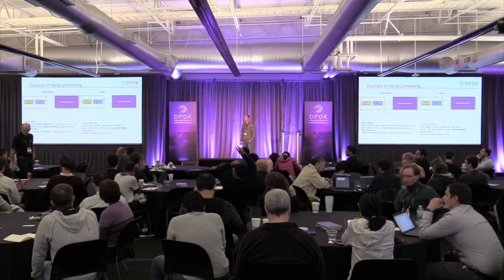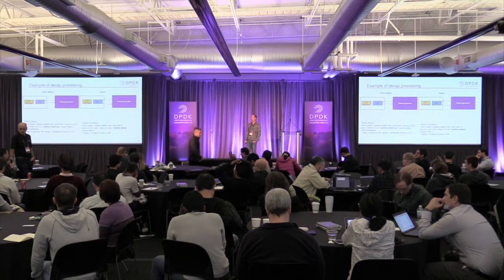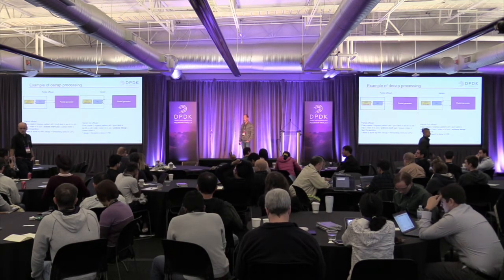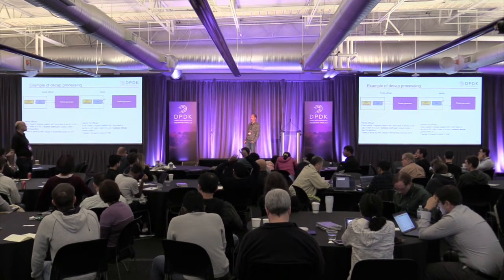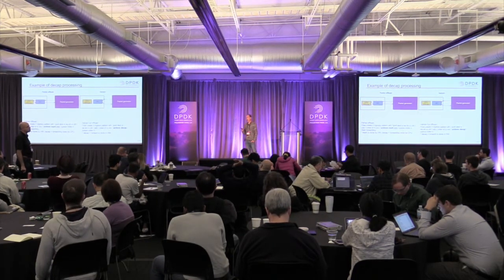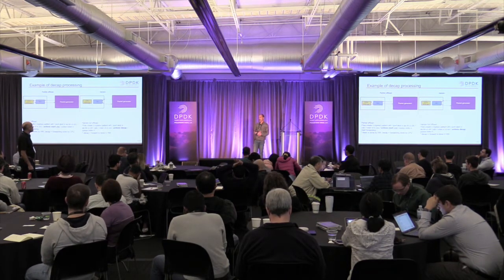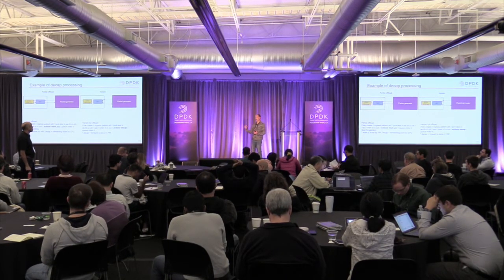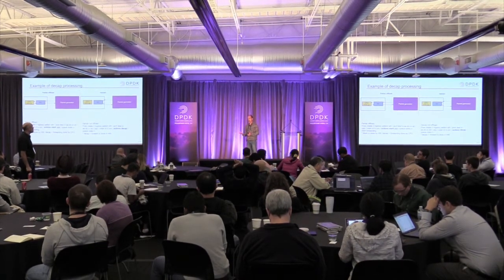And another question is, how can the application know the statistics of how many packets used the Hairpin? OK, good question. Like I said, in the RTE flow command, there is also an action called count, which attaches a counter to the specific flow, and then the application can query this counter.